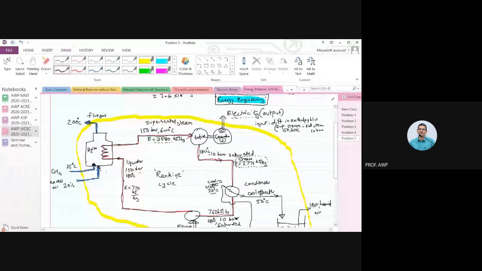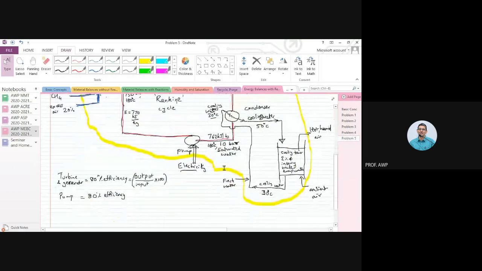This enthalpy difference is what is supplied as an input to the turbine to make it rotate, which rotates a coil inside a generator, and that generates electricity as our output. Do you agree with that? Yes, sir.